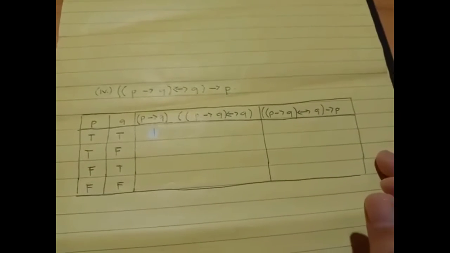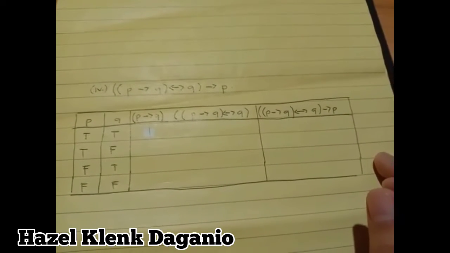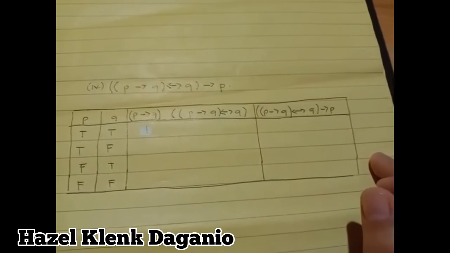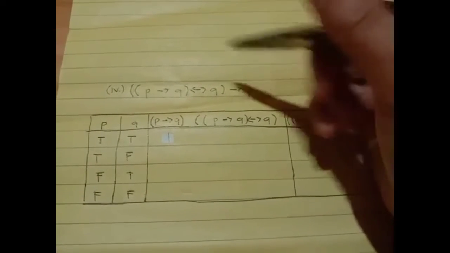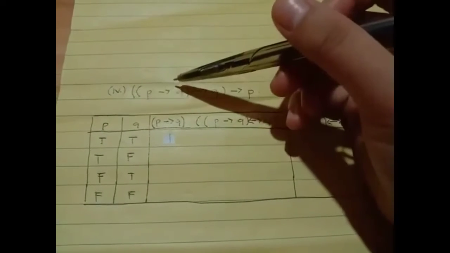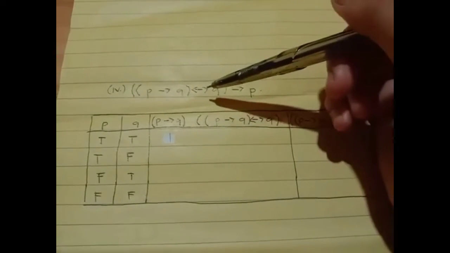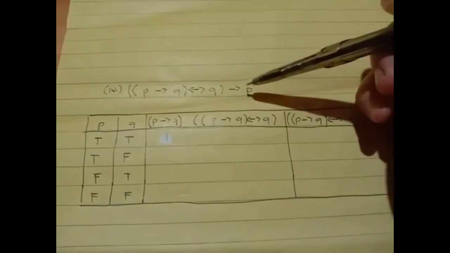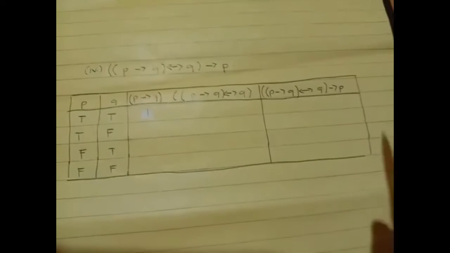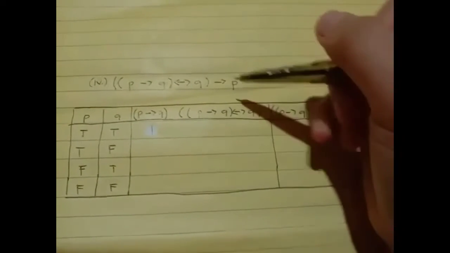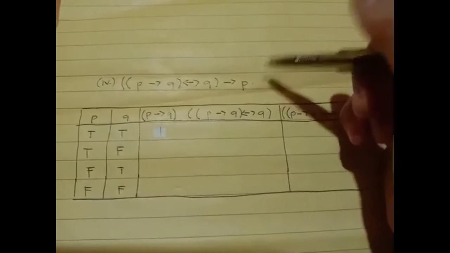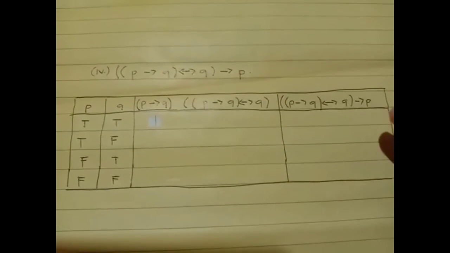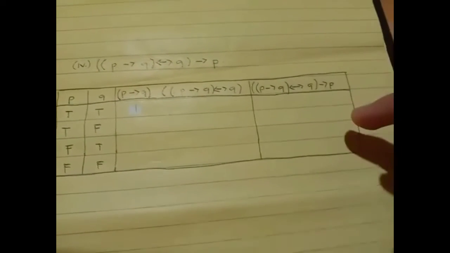So now let's proceed to the number 4 propositional form. Here's the propositional form, and this reads as P implies Q if and only if Q implies P. In order to determine if this propositional form is a tautology, we need to first create a truth table.